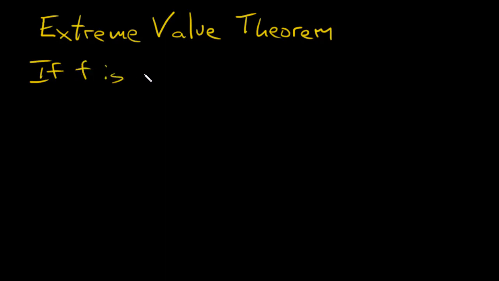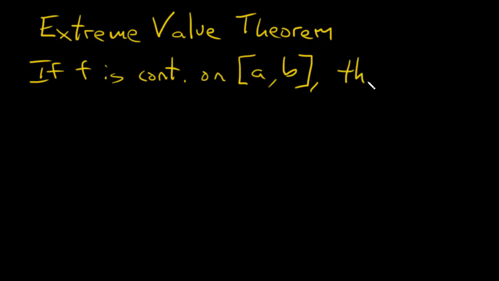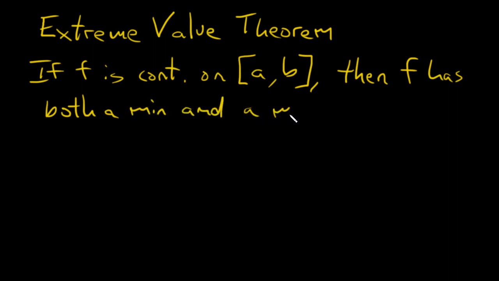If f is continuous, I'm going to abbreviate that, on some interval [a, b], then f has both a minimum and a maximum, a min and a max, on the interval.